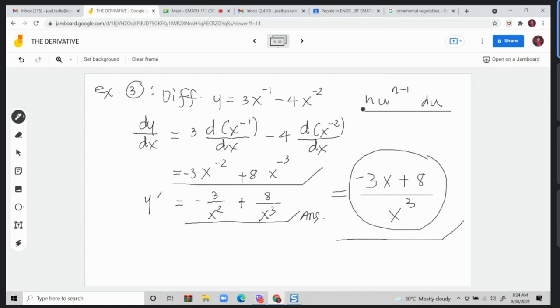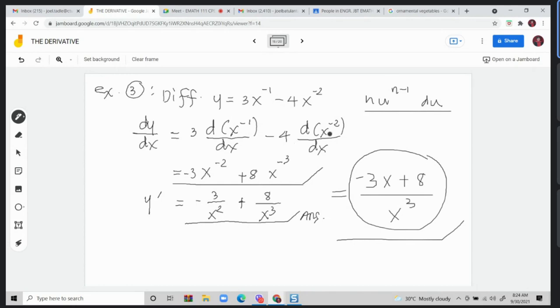Following the power rule, our n is negative 1, which we multiply by the constant 3, so it becomes negative 3. Then u is x, and n minus 1 is negative 2, because negative 1 minus 1 is negative 2.